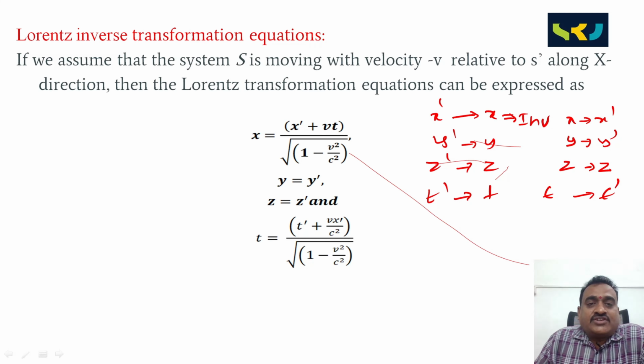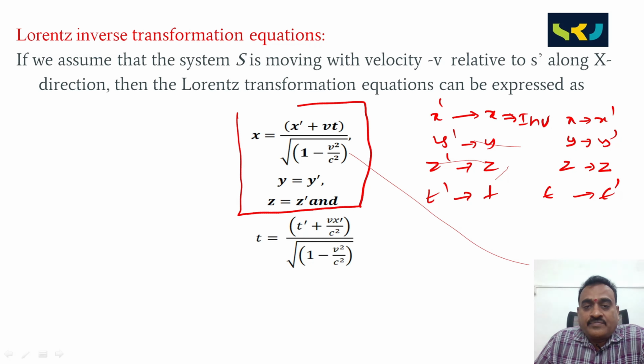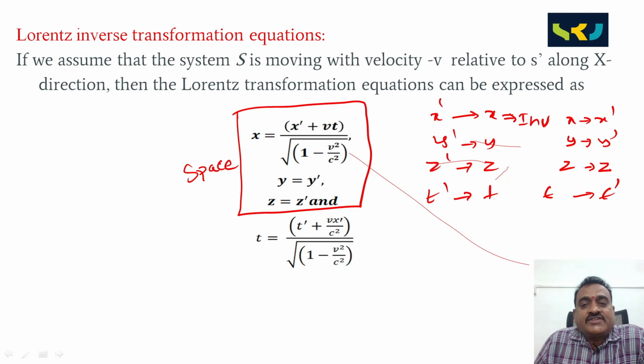So these are the space Lorentz inverse transformation equations: x is equal to x dash plus vt by root of 1 minus v square by c square, y is equal to y dash, z is equal to z dash.